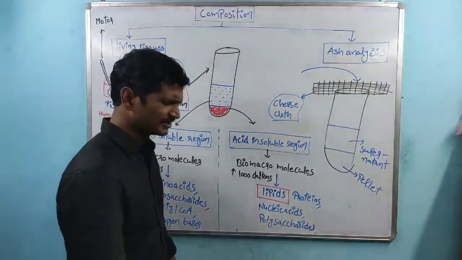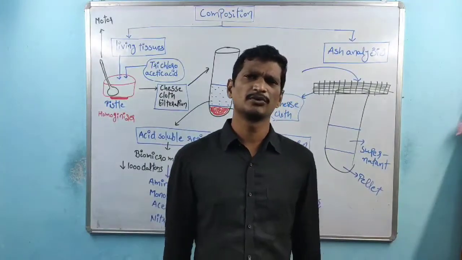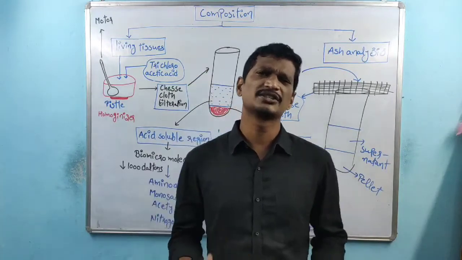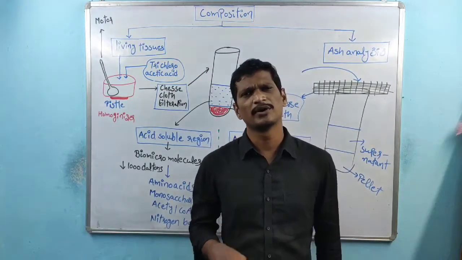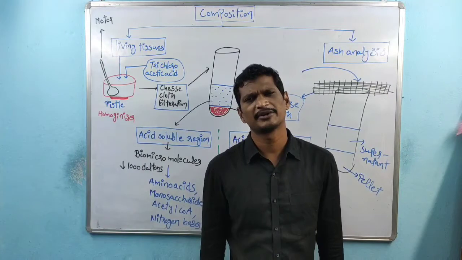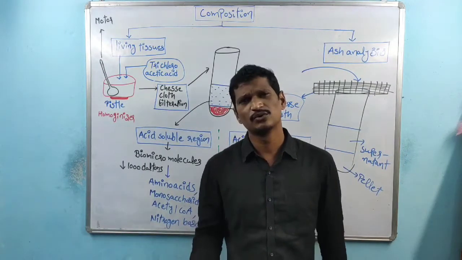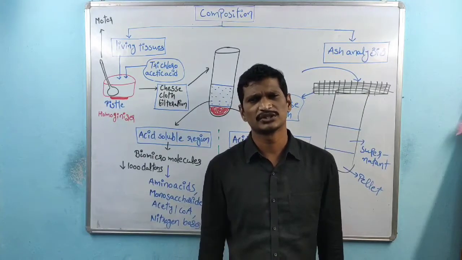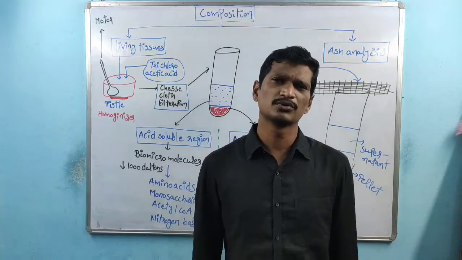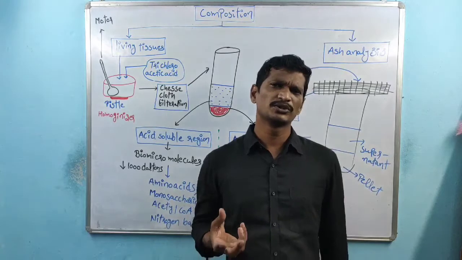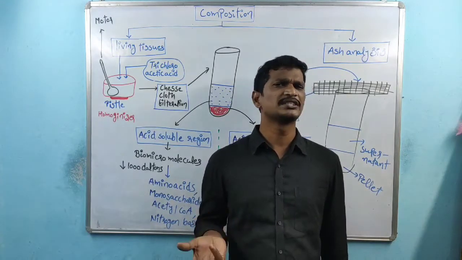Amino acids support the synthesis of proteins; a group of amino acids combined by peptide bonds forms proteins. Glucose is a monosaccharide, fructose is a monosaccharide, and a group of monosaccharides combined produces polysaccharides.